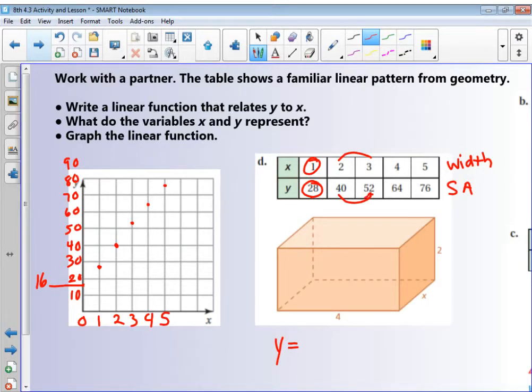So our change in our y's is 12 over our change in our x's is 1. So that would just be 12x. And then we found out by using our change in the y's to see where it actually crossed that it's crossing at a positive 16. So we have y equals 12x plus 16 for our equation.